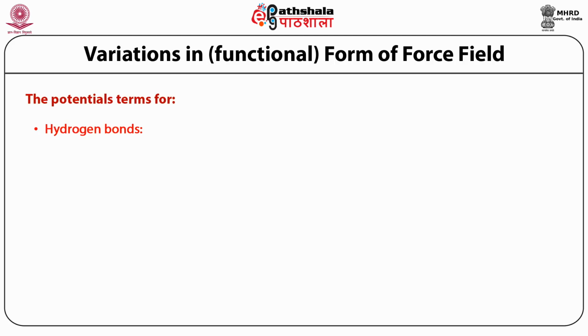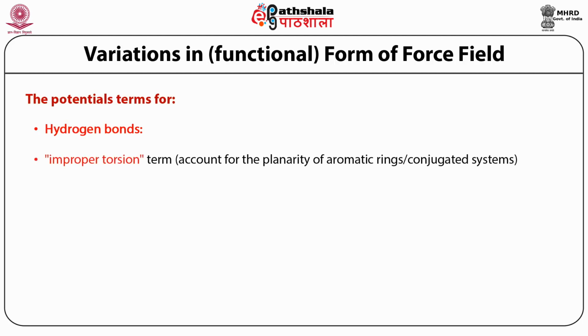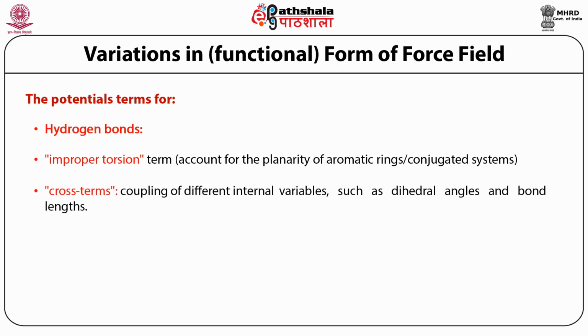And most of the potential functions need to take care of something called improper torsion, which plays an important role because of the planarity of aromatic rings and the planarity of peptide bonds, like conjugated systems. This torsion is specifically taken care of, as will be shown next. There are other terms as well, called cross terms, like the interaction between dihedral angle and bond length or bond angles. Those also sometimes play an important role, and one can introduce them in our energy expression.